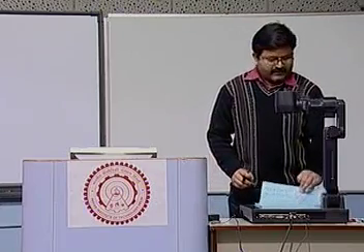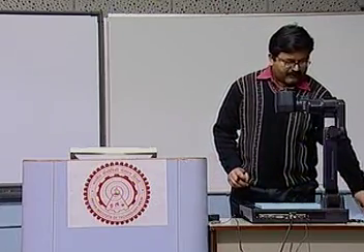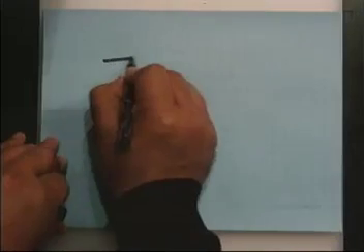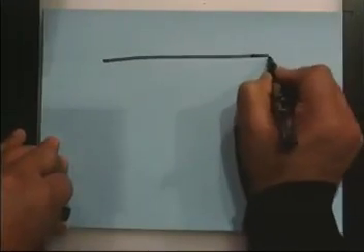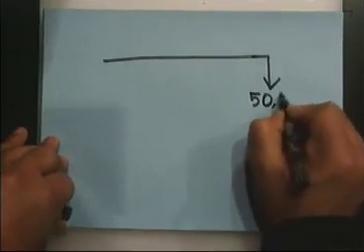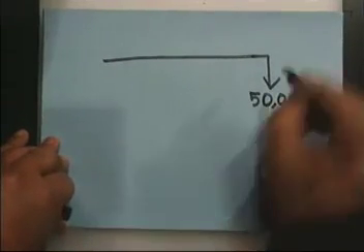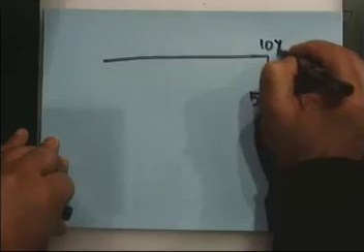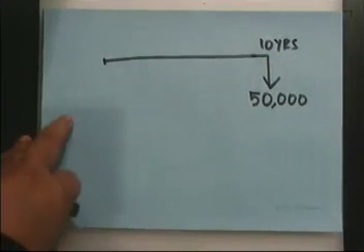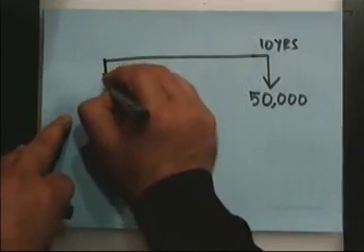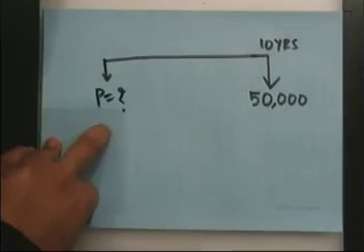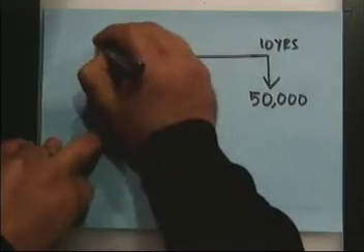Okay. Now, the same problem, I just reverse it. That means now somebody is giving me rupees 50,000 at the end of year 10, and I am interested in finding its present value P at time t equal to 0.